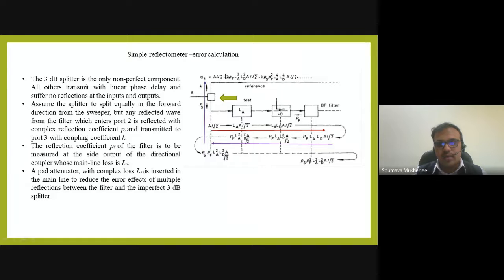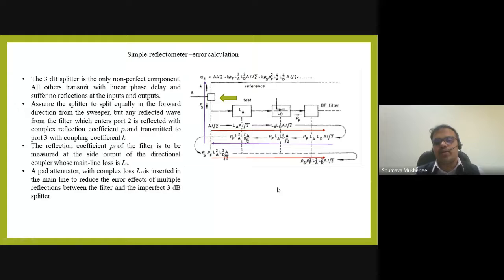So that component is gone, multiplied by K, and some part is actually reflected back to the same path, and this cycle will continue. So each time a reflection is happening at this power splitter, we are adding one component in this path as well as one component in the reference path.